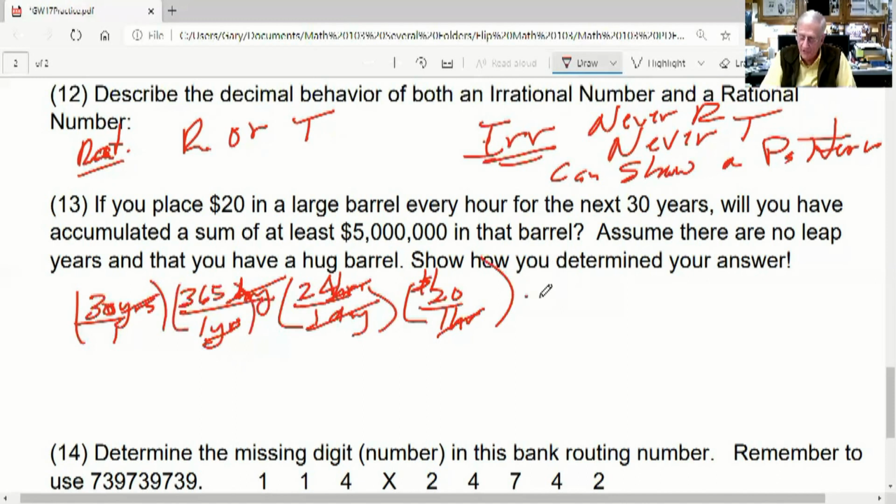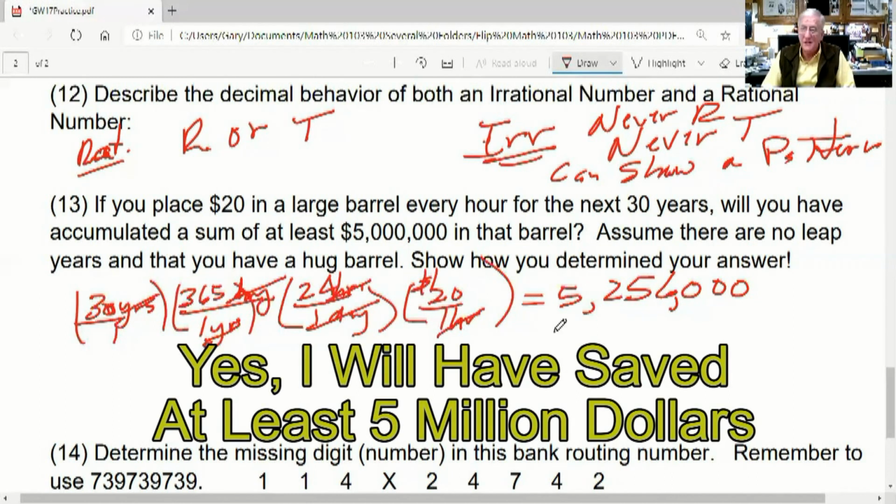It is 5,256,000. So what would my conclusion be here? Yes, I will be able to save at least that much money.